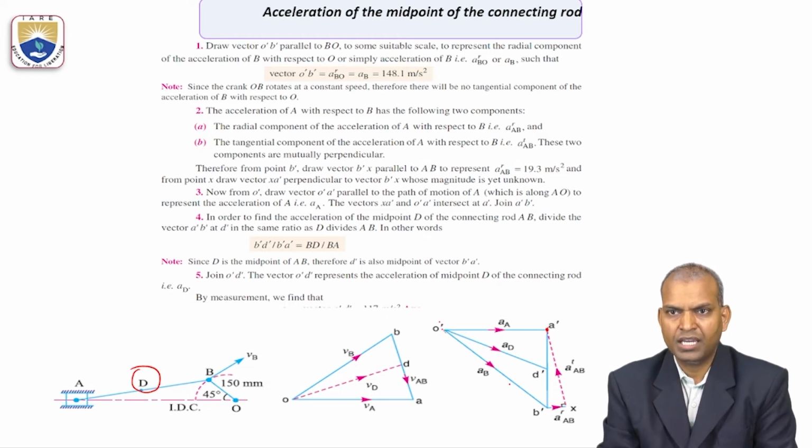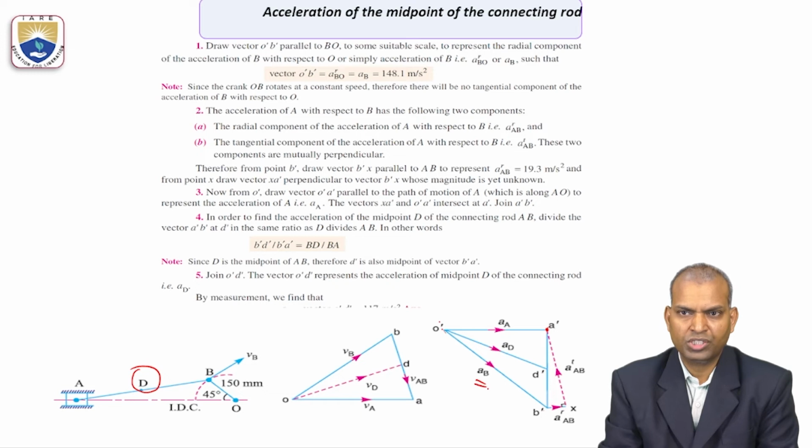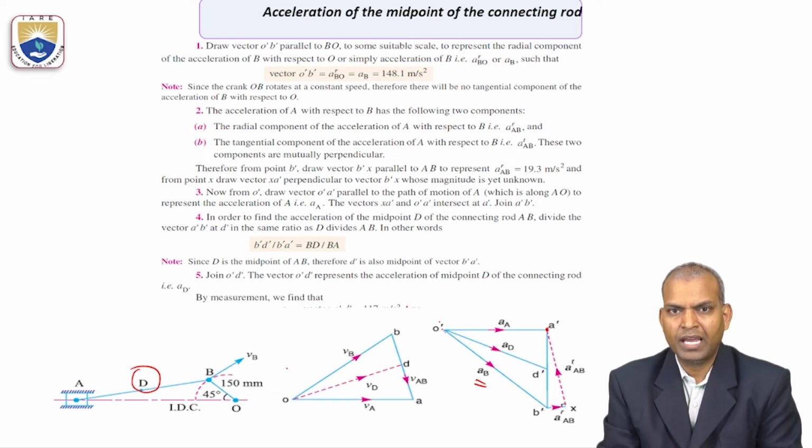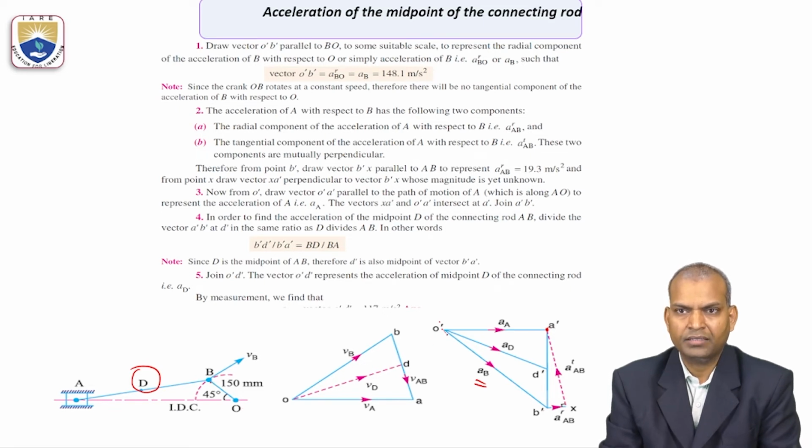Draw a line for the radial component of acceleration AB, with some suitable scale. This line is in the radial direction, that means parallel to the link OB.